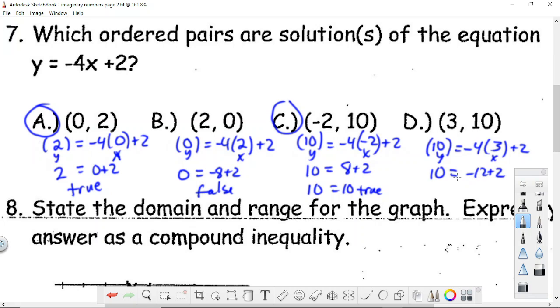It looks kind of 10-ish. It's -10 though, right? So I'll double check that, but we put in 10 for y, -4 times 3 for x, that is -12. Okay, so that is false. So unless I made calculation errors, I believe it's A and C are the ones that are true.